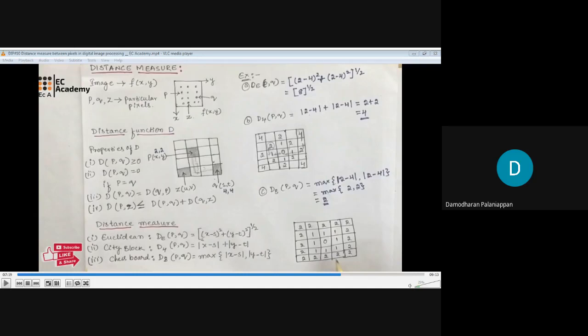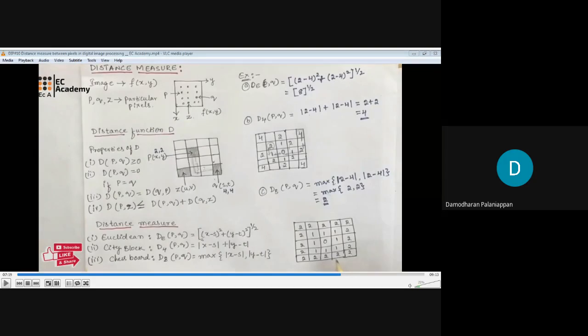There are three formulas to find the distance between two pixels: the Euclidean formula, the city block formula, and the chessboard formula. The Euclidean formula is the square root of (x minus s) squared plus (y minus t) squared, that is, raised to the power 1 by 2, where x, y are the coordinates of pixel p and s, t are the coordinates of pixel q.